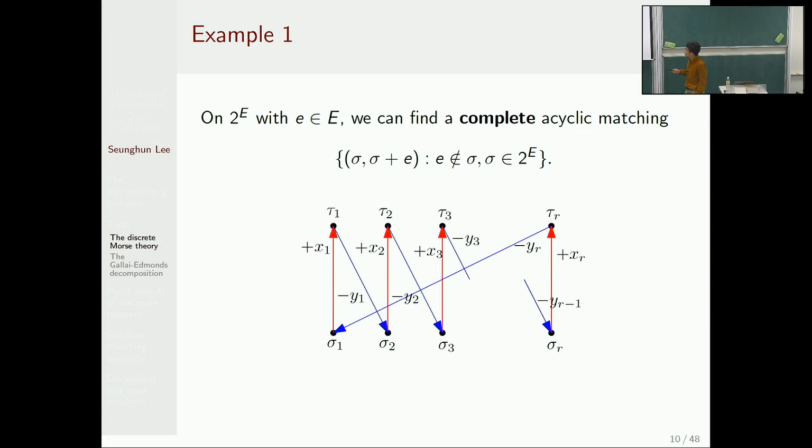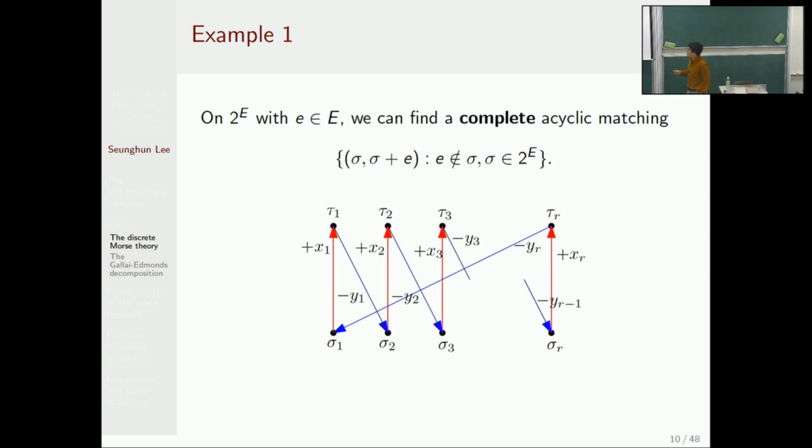These edges alternatingly appear in the directed cycle, and the bigger sets, tau 1 to tau r, have the same size, and also the smaller sets, sigma 1 to sigma r, have the same size.